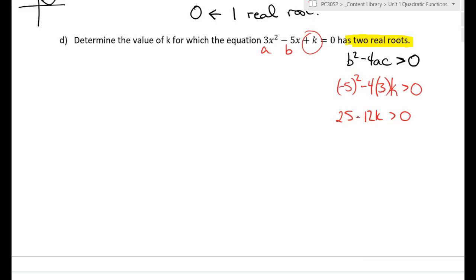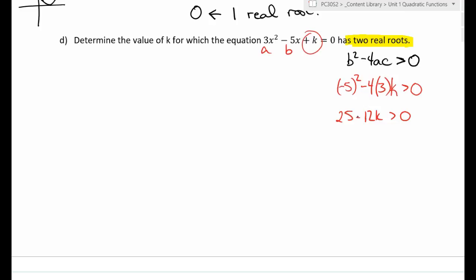Now at this point, you're like, okay, I need to isolate my variable. You've got 2 options. Either you can subtract 25 and move it onto the other side, or you can add 12k and move it onto the other side. I personally am always going to default to making my variable positive. So in this case, I'm going to move that term that actually has k in it.